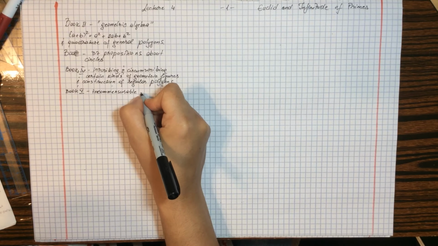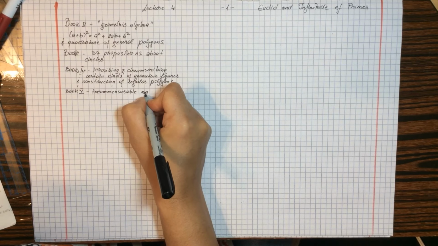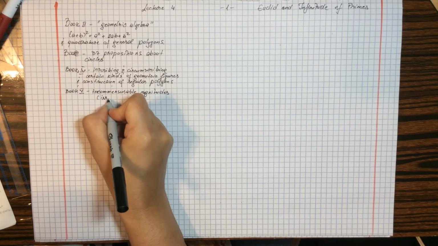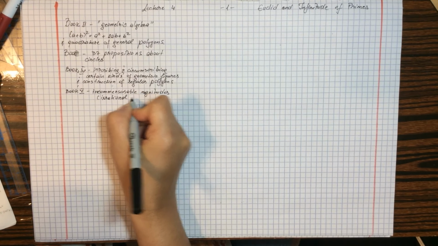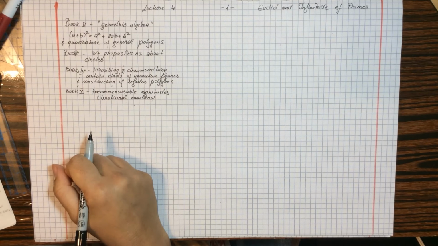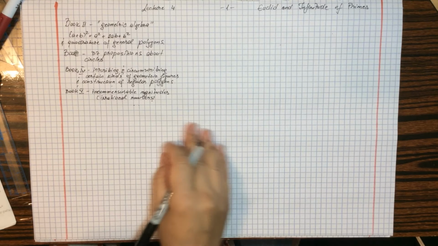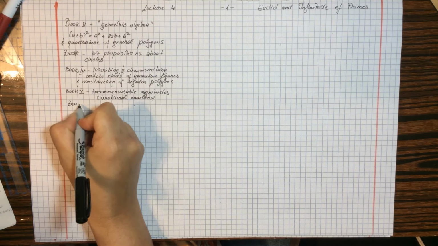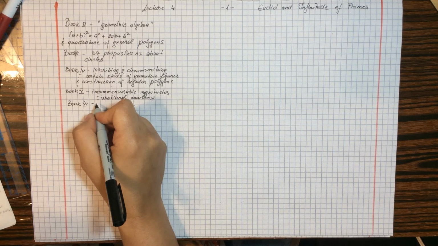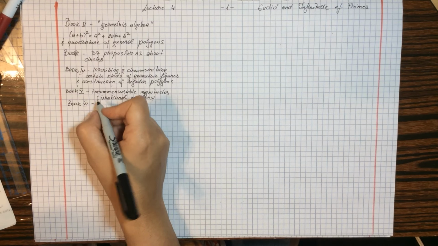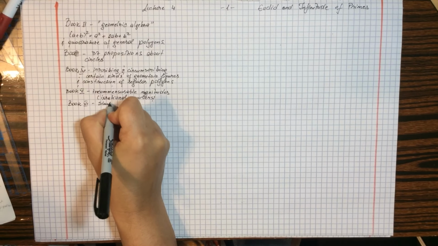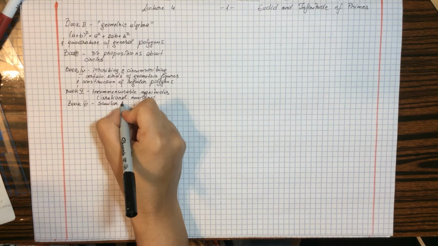Book number 6 was all about similar figures in geometry, with proofs about similar triangles and so on.